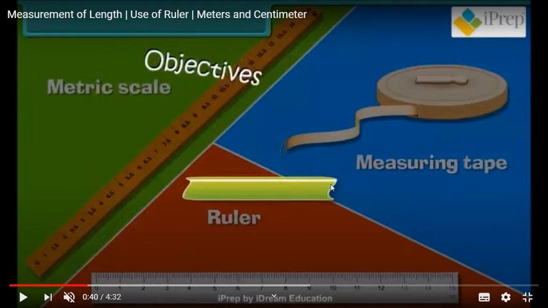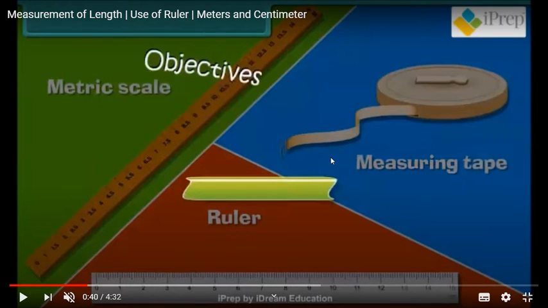We are learning how to measure with tape, with ruler and metric scale. Okay, so let us learn the correct method of using a scale.